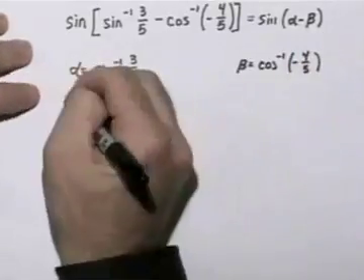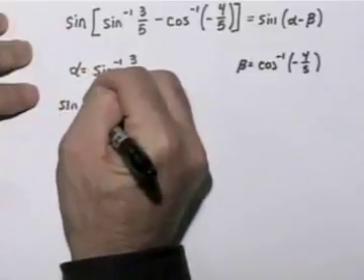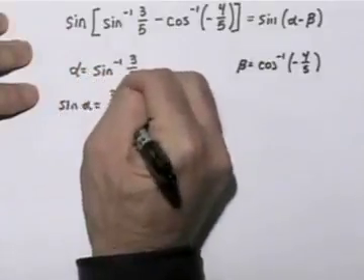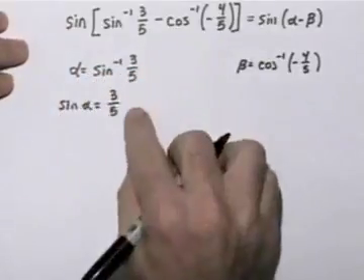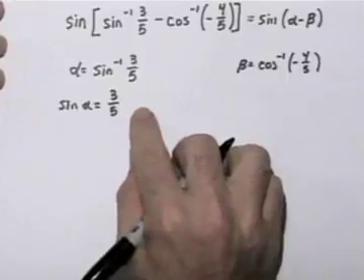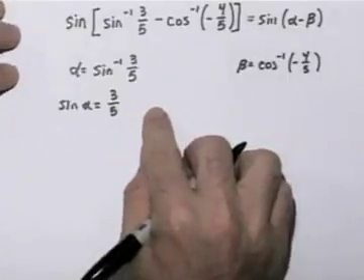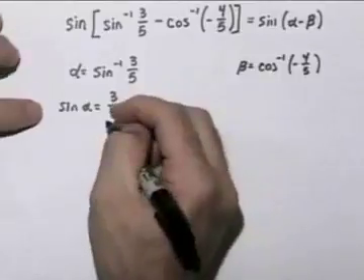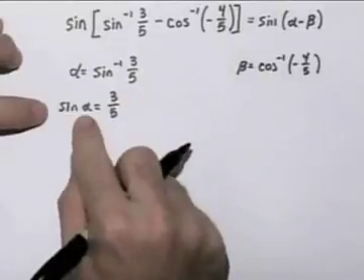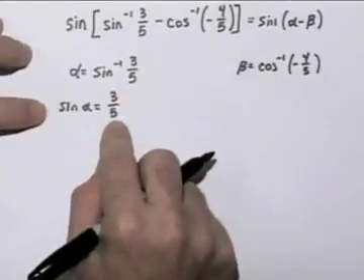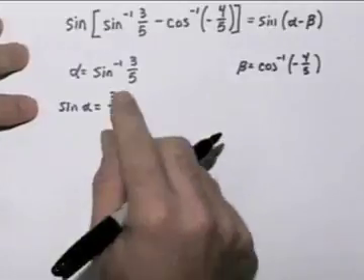This means that the sine of the angle alpha is 3/5, where alpha is an angle between -pi/2 and pi/2. What we need to do is use the fact that sine of alpha equals 3/5 to find the cosine of alpha.